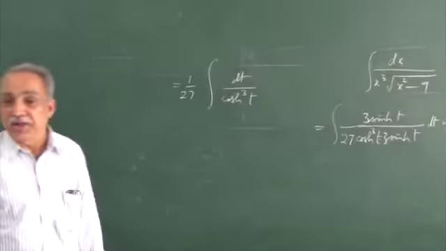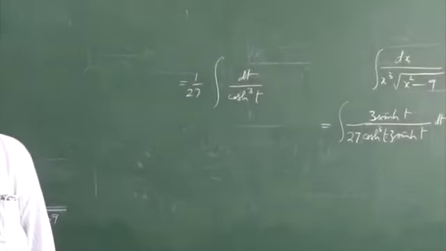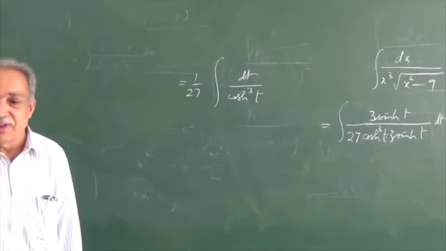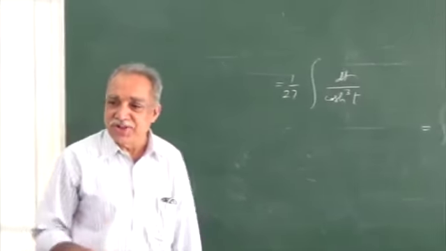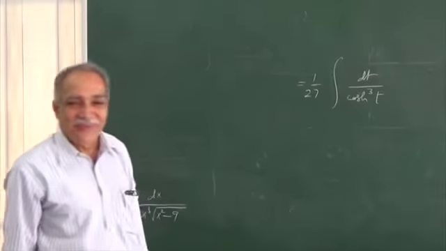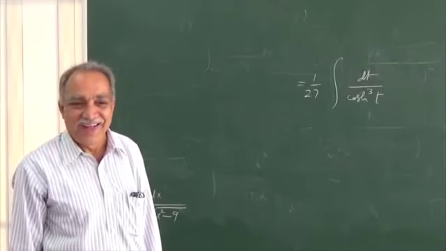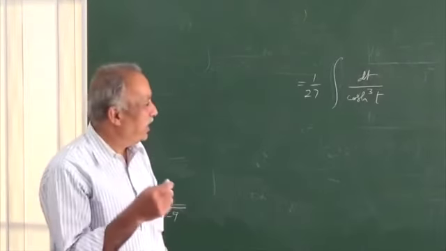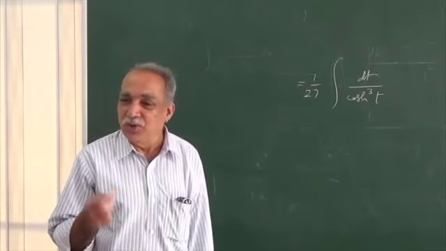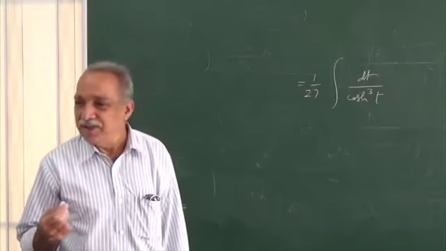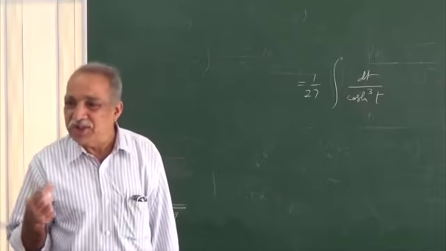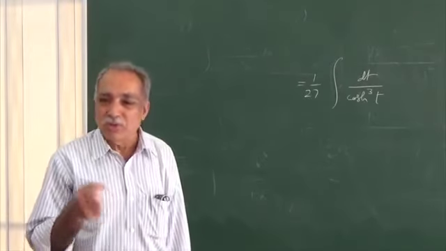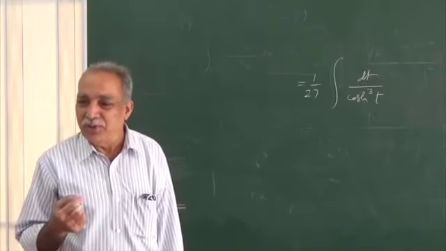How to get this integrated? A short approach I want. One method may be, okay, you suggest. Let me leave it to you. You have 1 by cos hyperbolic cube of a function, simple argument. Suppose you have 1 by sin cube, what will you do? Or 1 by cos cube theta, what will you do?